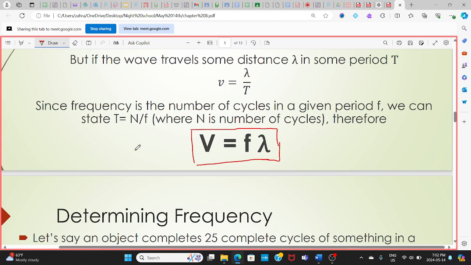Frequency is number of cycles per second. Then T, instead of frequency, I can put T, right?